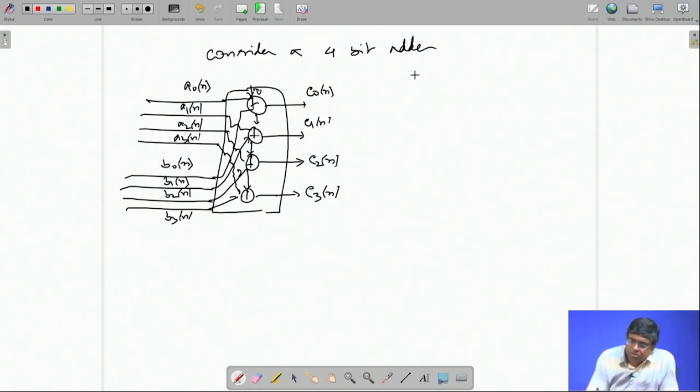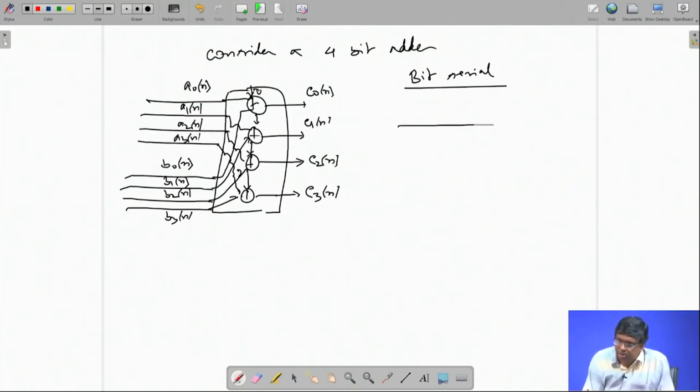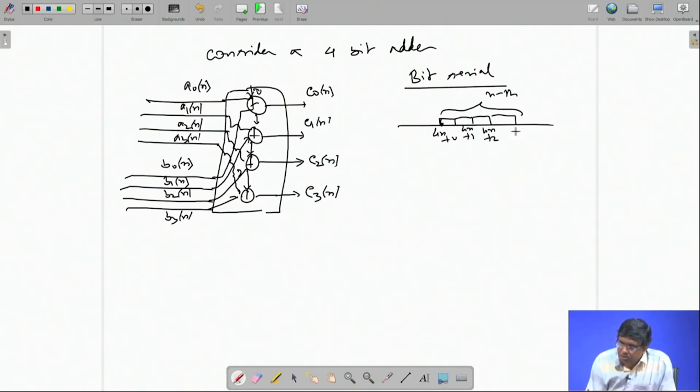Now, I consider fully bit serial. So, that means as an example, I will have the nth word clock, it will have 4, okay, 4n plus 0, 4n plus 1, 4n plus 2, 4n plus 3.